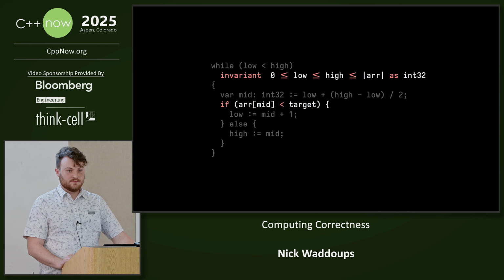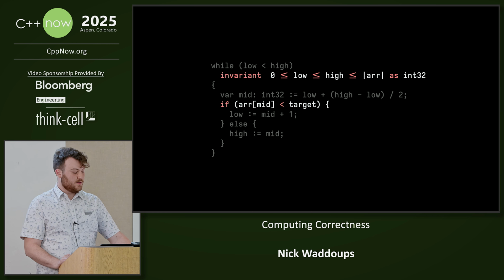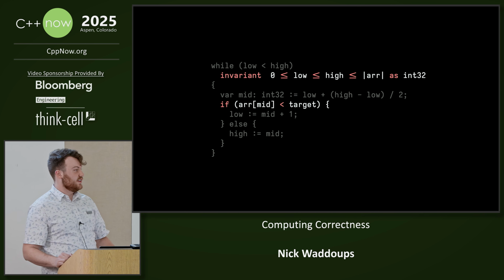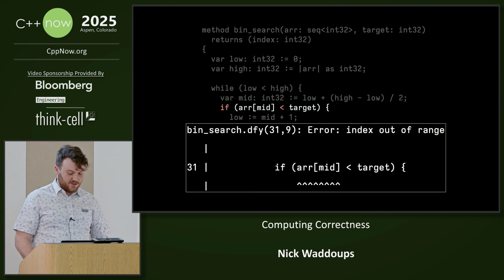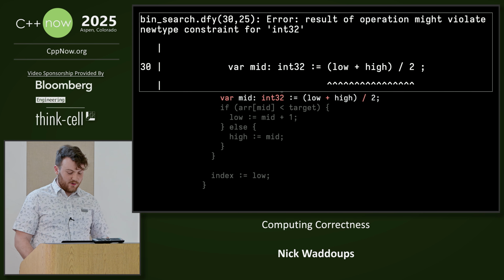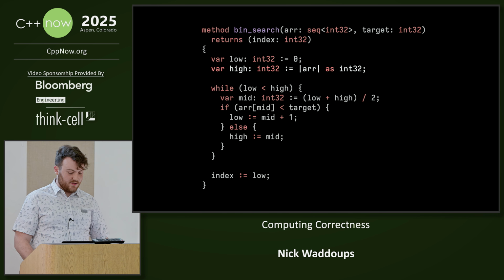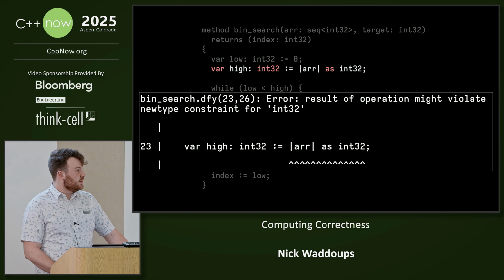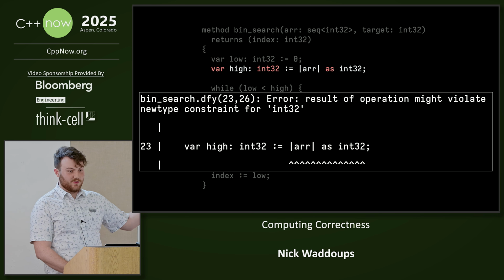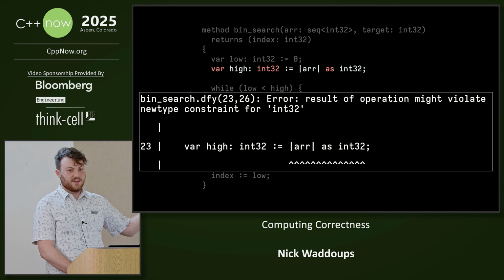Will this array cast to int32 cause you a problem inside the invariant, given that the array can be big? No, this doesn't cause an issue, but that comes back to earlier when we had this error. We told Daphne that was okay, and I can show you how we told Daphne that it was okay.